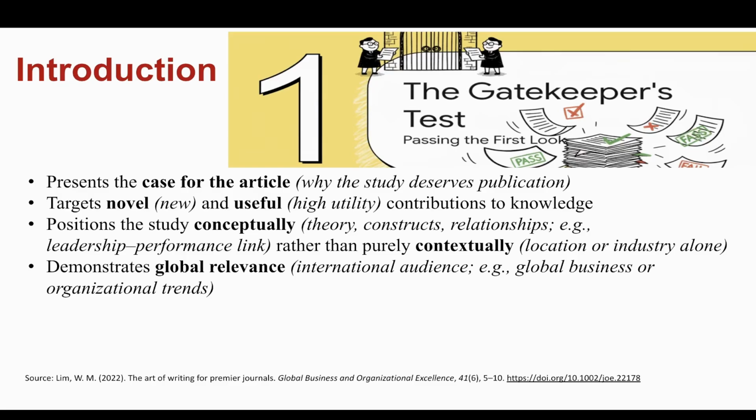Let's say if we do it at a particular country level, we may highlight how it is relevant at the global or organizational trends level. So we have to make sure that it is of global relevance. Sometimes we always conduct a general study on a particular topic happening across the globe.